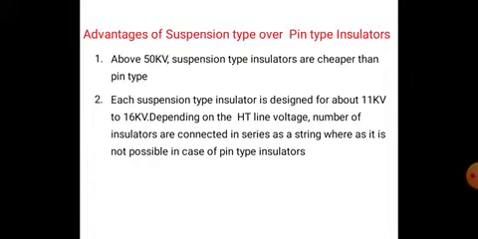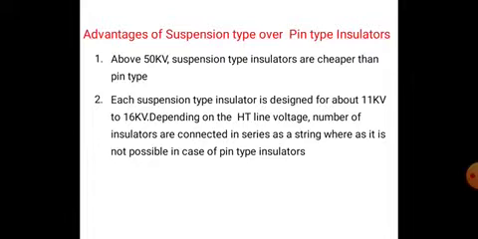Each suspension type insulator is designed for about 11 kV to 16 kV. Each disc is approximately equal to 11 to 16 kV, normally 11 kV, depending upon the high tension line voltage.